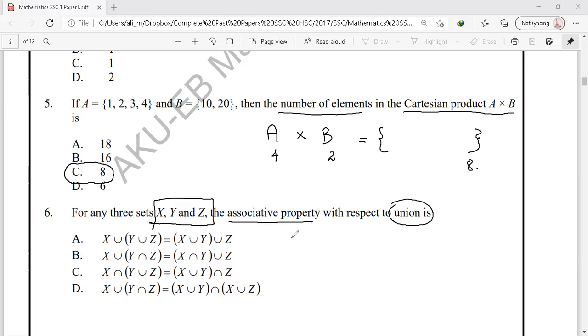So if we take the union of y and z and then take the union with x, the result will be equal to the union of x and y with z. So the correct answer is option A, that is the associative property of union among these three sets X, Y, and Z.